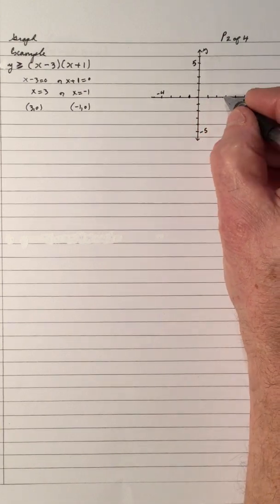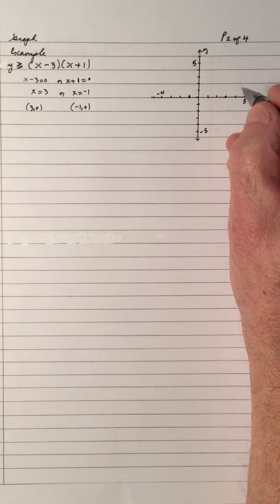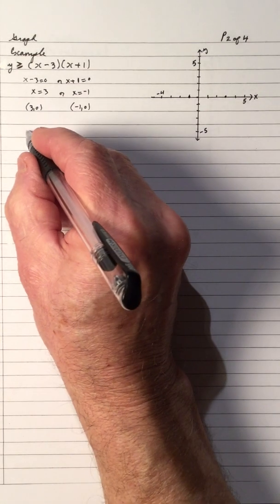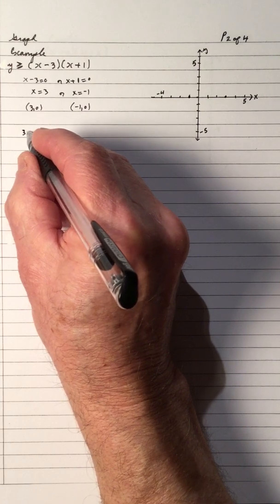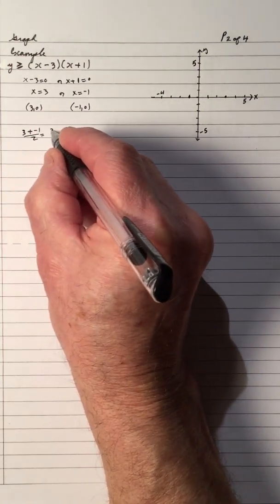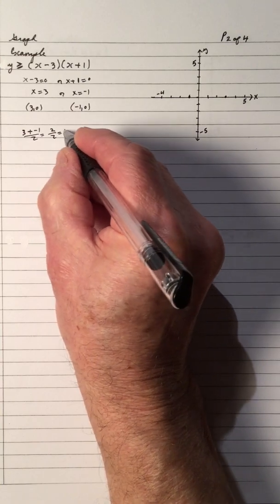So how do I graph? I need to find the vertex. In previous videos, we took the x-intercepts, added them together and divided by 2. So 2 over 2 gives us 1.